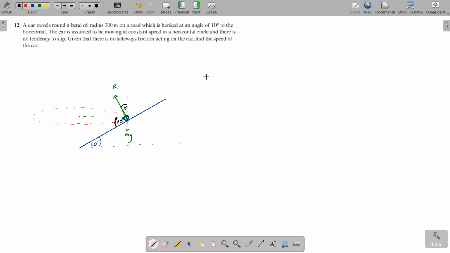All right, so first I'll go for the vertical equilibrium. Considering vertical equilibrium, we have R cos 10, right? R cos 10 will be equal to mg. Agreed? R cos 10 will be equal to mg.